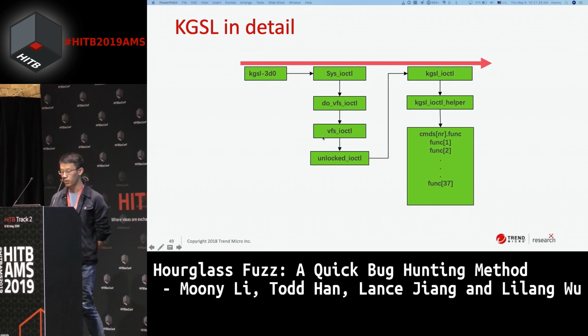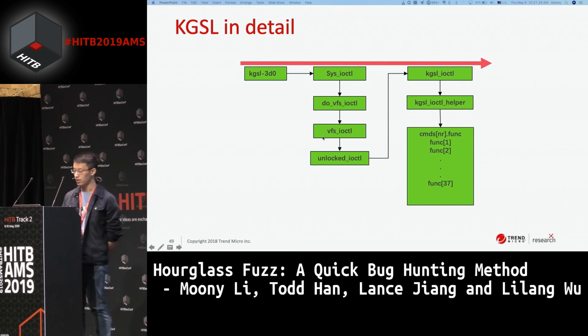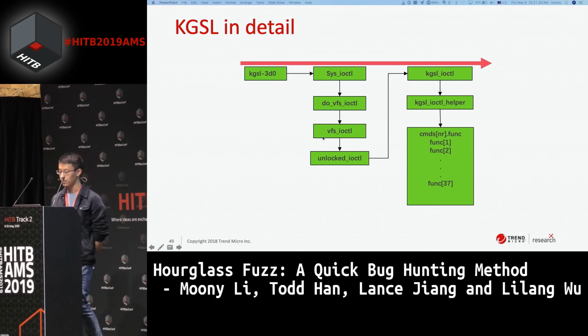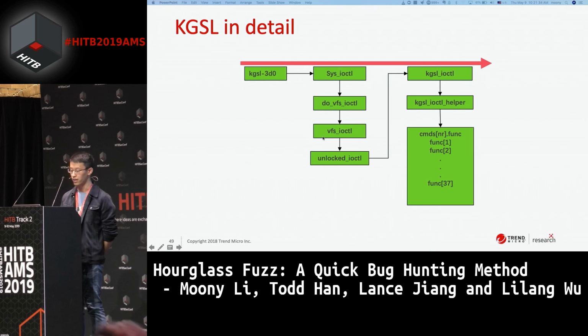And there is a very important function here called unlocked_ioctl, which is available to other kernel developers to implement. And kgsl_ioctl is one of the implementations of this function. Finally, the function call enters the KGSL 3D0 driver that includes 35 functions.